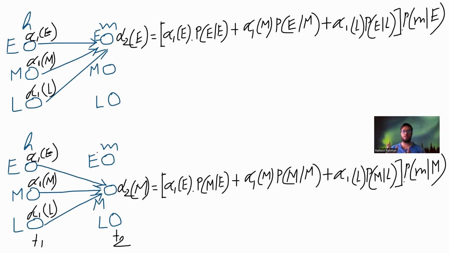I mean, we cannot really fix anything here. So it's very simple. We have to take into account these alpha values, and we have to take into account the transition probabilities from these previous states to the time step 2 state, which is E, right? Also, the last thing is we have to take into consideration this observation M.